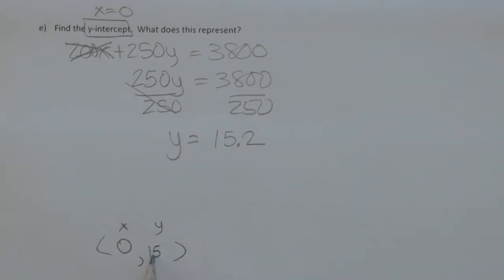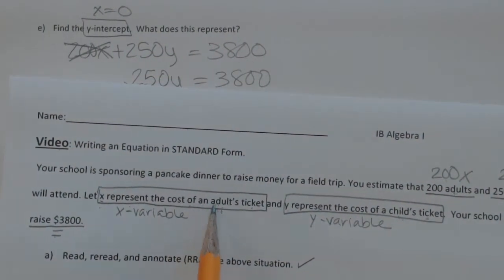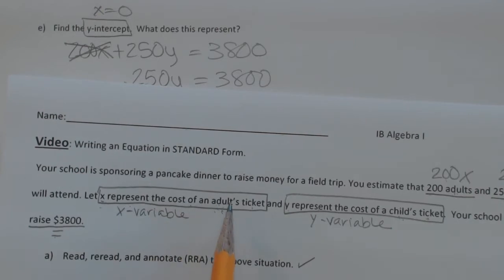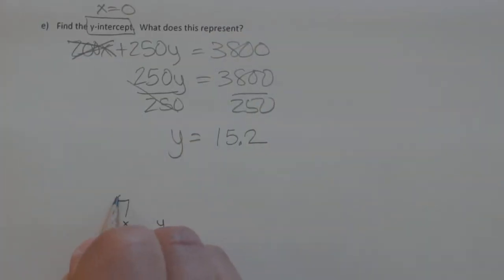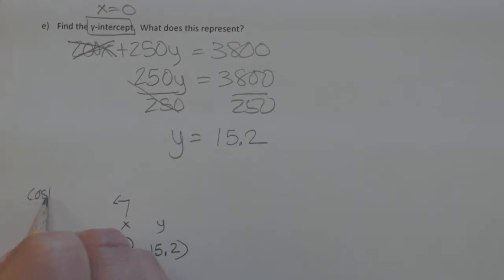So this is 15.2. And now what I have to do is say what it represents. So if I go back to my box here that you should have put a box around, x represents the cost of an adult's ticket. So let's label this. So this is the cost of an adult ticket.